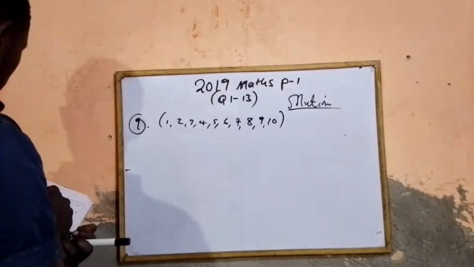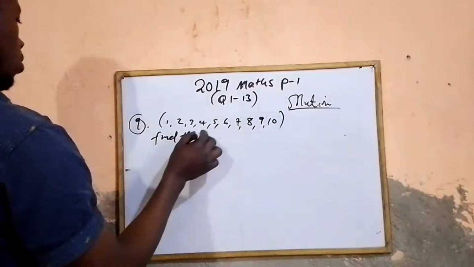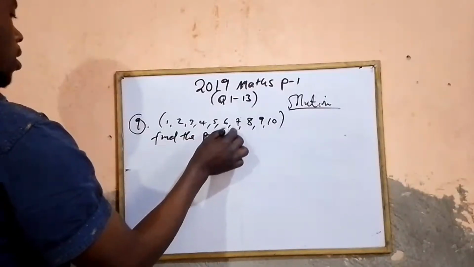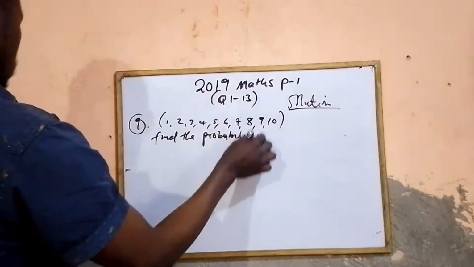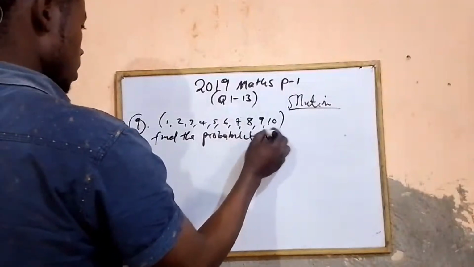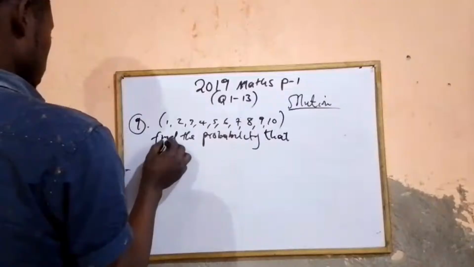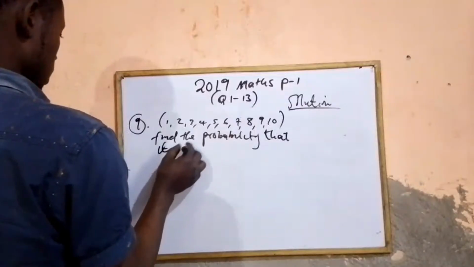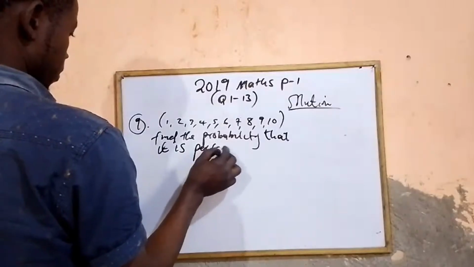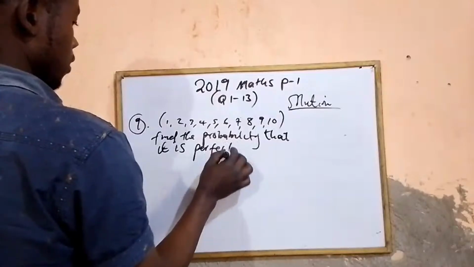Okay. So we are told to find the probability that it is a perfect square.